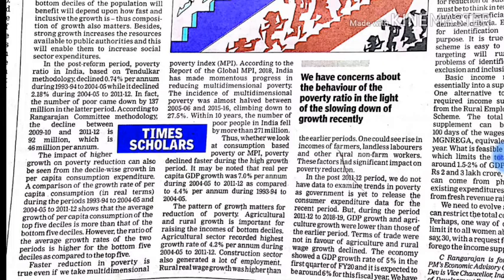The pattern of growth matters for reduction of poverty. Agricultural and rural growth is important for raising the incomes of bottom deciles. Agricultural sector recorded highest growth rate of 4.2% per annum during 2004-05 to 2011-12.